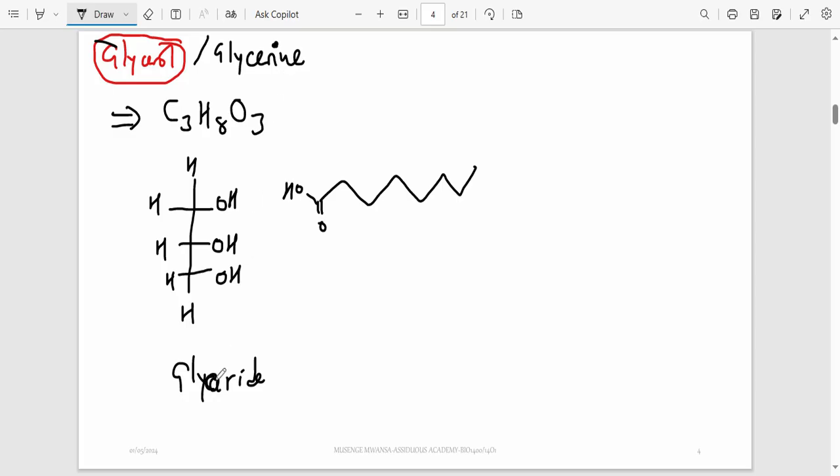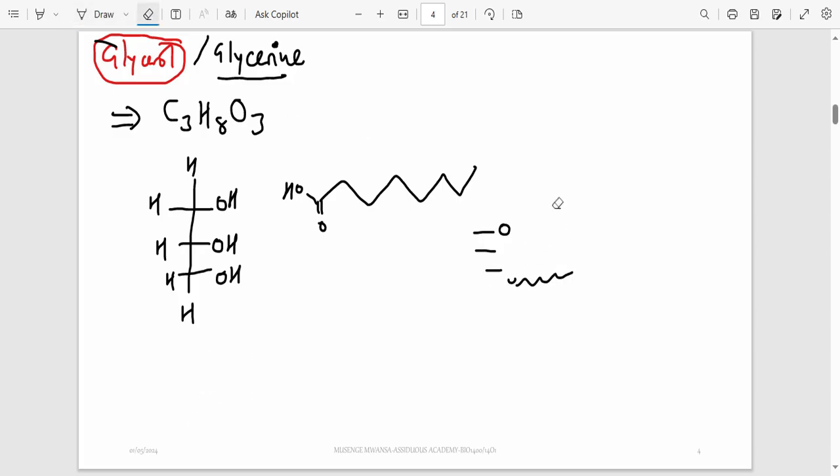This is C, this is E, glyceride. So what is a glyceride? A glyceride is a molecule that is formed from a combination of glycerin or glycerol with a fatty acid. So if you see a structure like this, this is a glyceride.